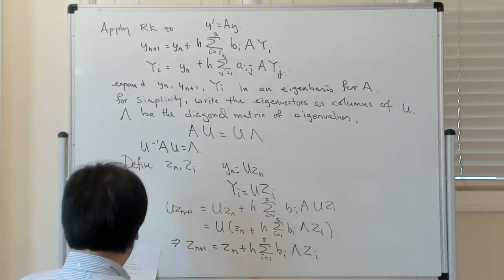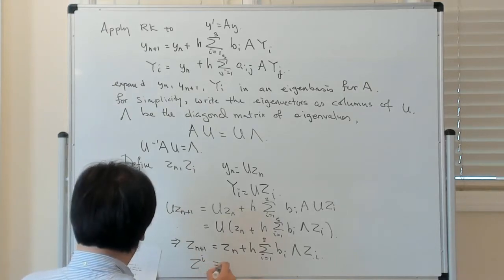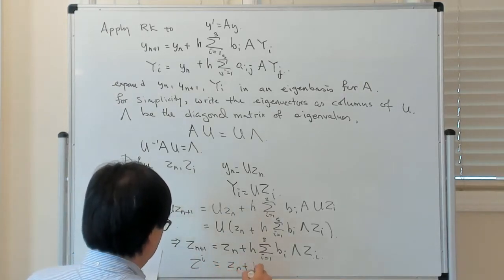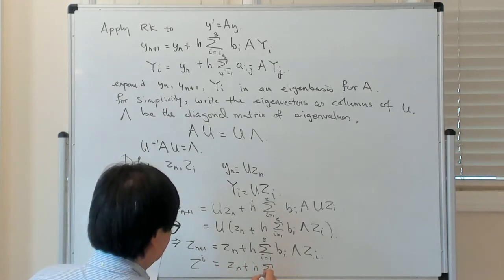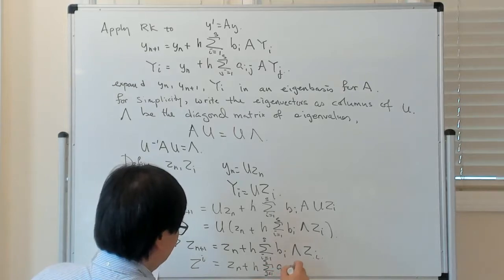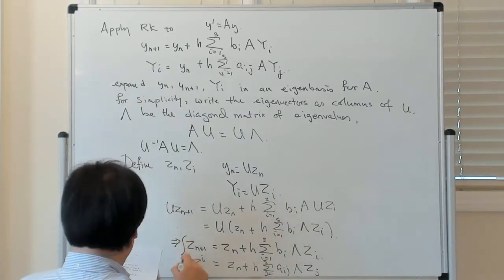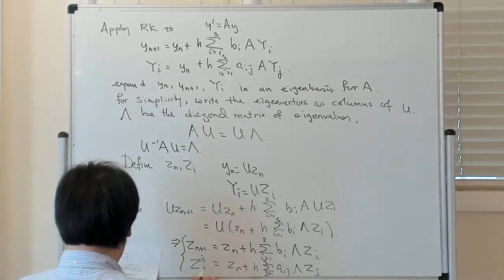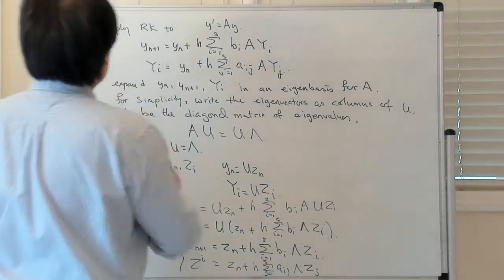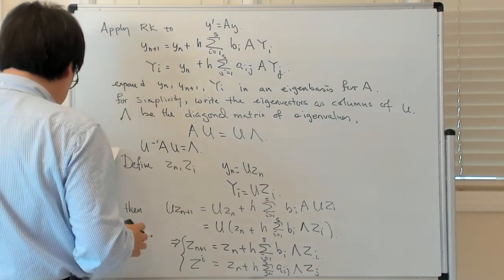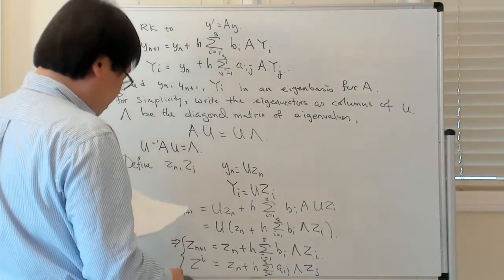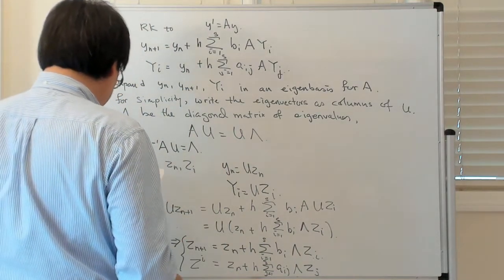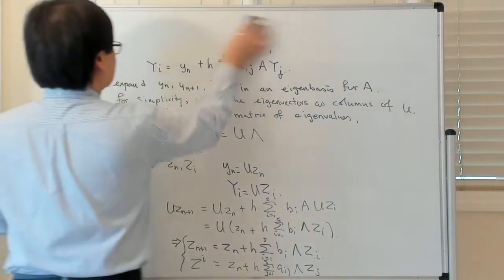Okay, and you can also check that Z_i is equal to z_n plus h times the sum from j equals 1 to s of a_ij lambda Z_j. And then since lambda is diagonal, this decouples into a system of independent iterations.